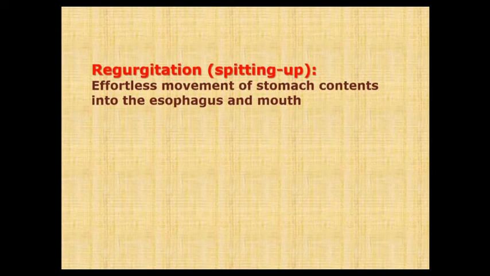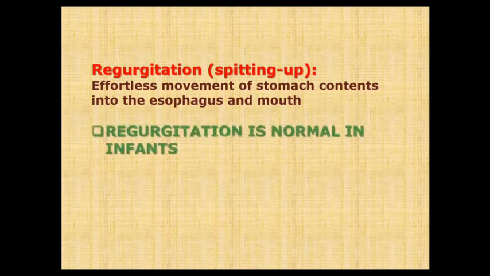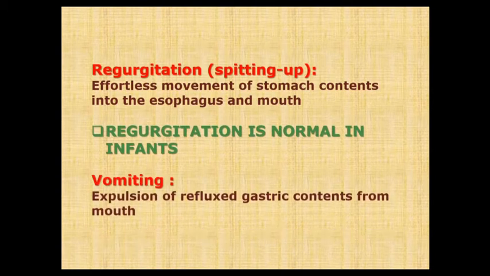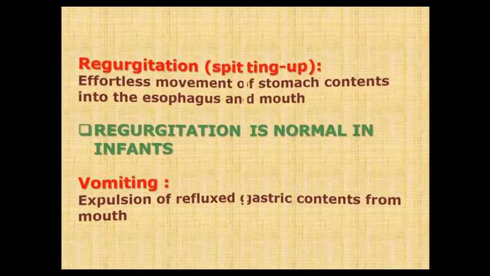Regurgitation is normal in infants, and it is a major complaint we see in medical practice, especially in pediatrics, but it is normal, so that's why I put it in green. While vomiting is the expulsion of the refluxed gastric contents from the mouth, and it is not normal. It could be pathologic, benign causes, or other.